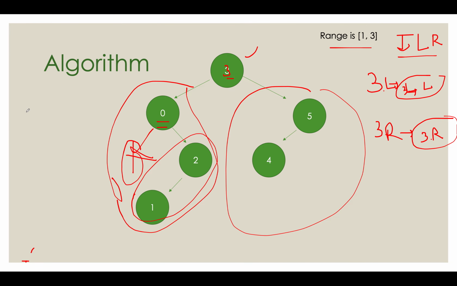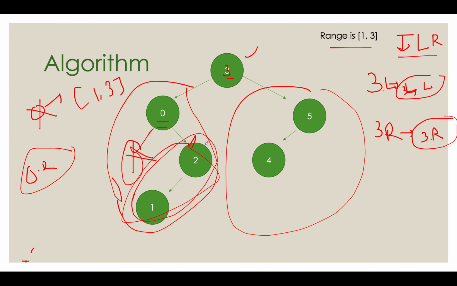So what we have done, since 0 is out of range of 1 comma 3, we have returned the response of its right child and discarded the left child and the node itself. So we discard 0, and what we return is the 0 dot right transformed tree. That's pretty simple. Whatever the result of this would be, we will attach it back here. It will be attached here, and these nodes would be ignored.